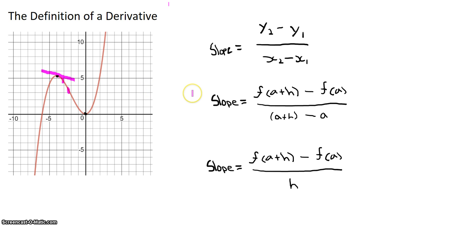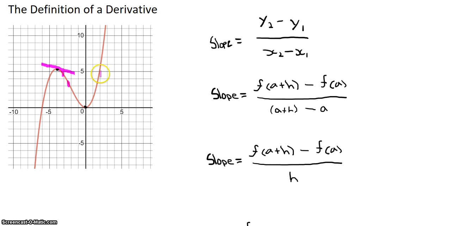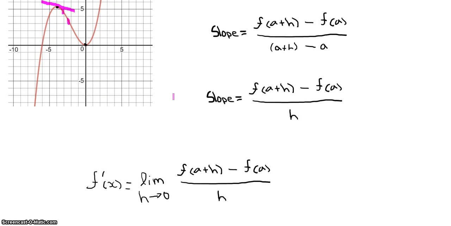So, to find the actual tangent line, what we do is we take the equation we just established, f of a plus h minus f of a all over h, and we find the limit of that equation as h approaches 0. So as h, the difference, gets as small as possible.